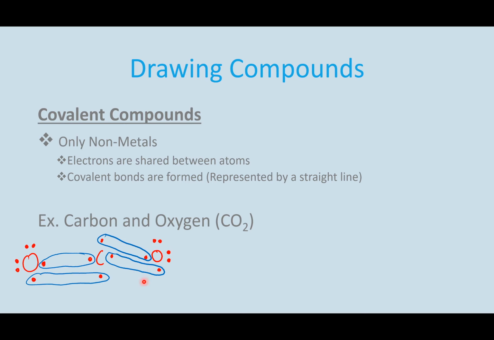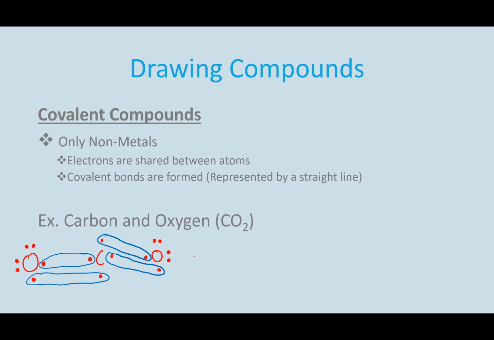Even though they're shared with oxygen, they still are a part of carbon. And oxygen has its 4 electrons on its own, and it's sharing 4 with carbon, so it has a total of 8. And same with the other oxygen atom. So each atom is full, it has 8 electrons, even though it's shared.